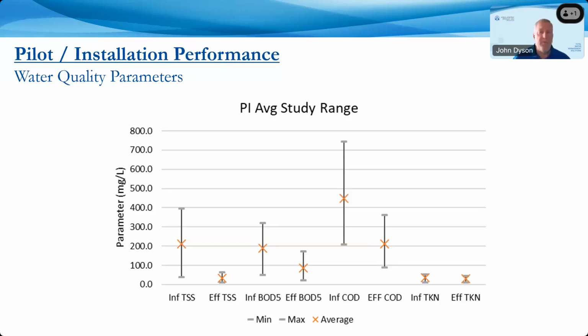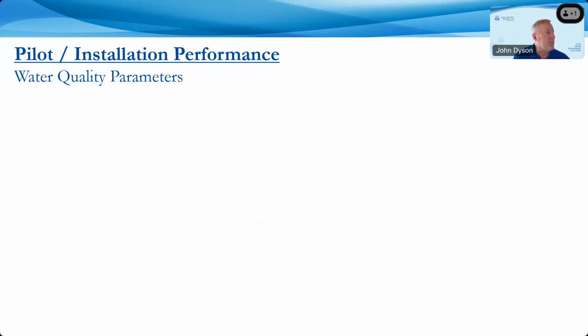That meant we had days that were 500, 600, 700 coming into the system if we were just averaging 400 for the study. But you can see because of that physical barrier, very small band here in terms of effluent TSS, and of course with each of the other parameters, very similar in terms of results.